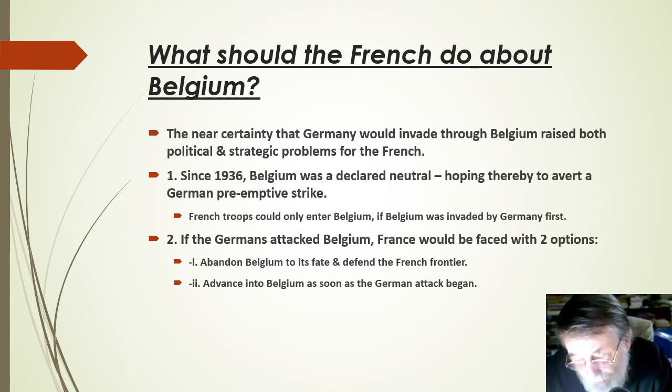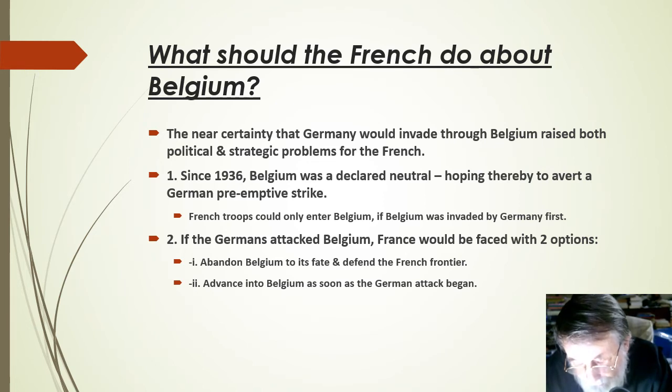What should the French do about Belgium? This was a major strategic problem for the French before the outbreak of World War II. The near certainty that Germany would invade through Belgium raised both political and strategic problems for the French.